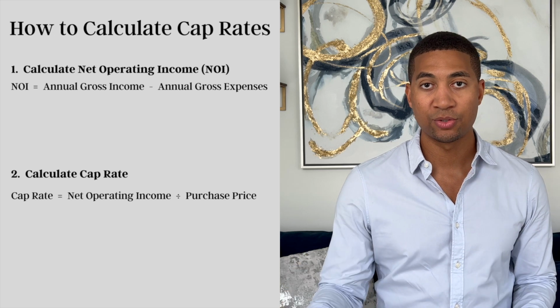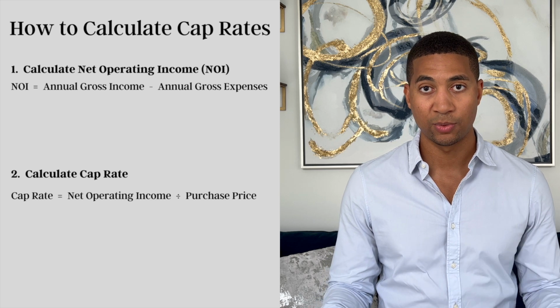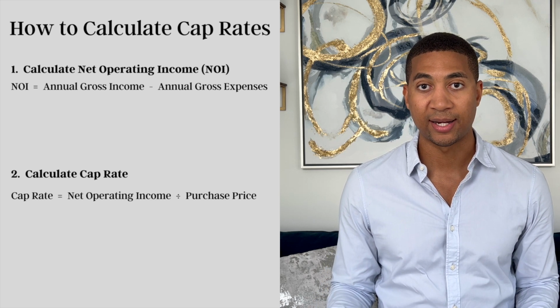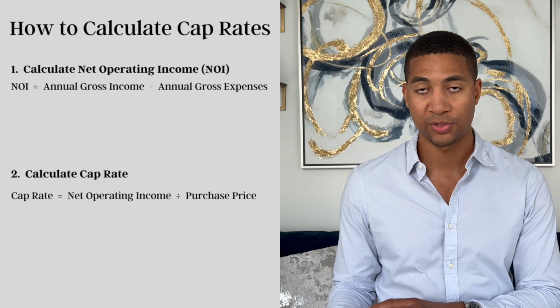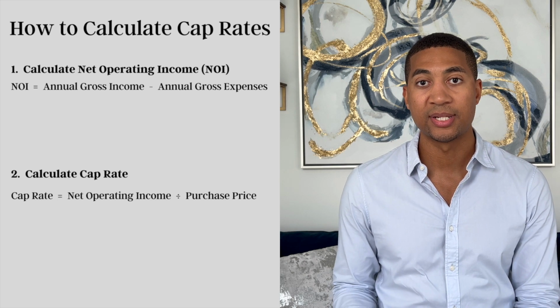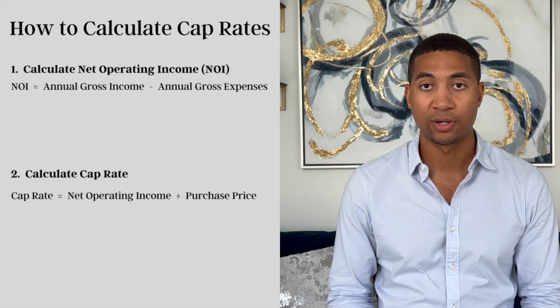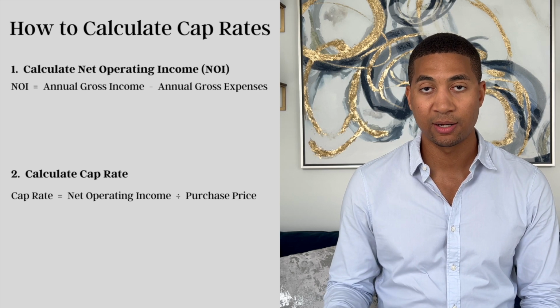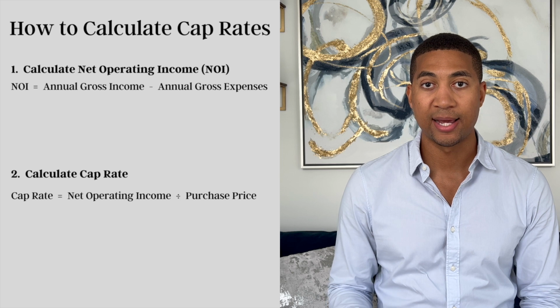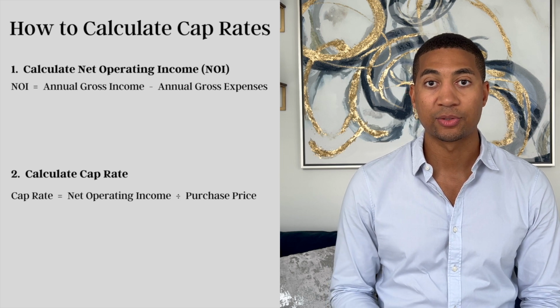And now you have your annual gross rent and you have your annual expenses. You're going to subtract the expenses from the gross rent, and that'll give you your net operating income, or your NOI. In order to get to the cap rate, you're going to take that net operating income and divide that by the purchase price, and that'll give you your cap rate.